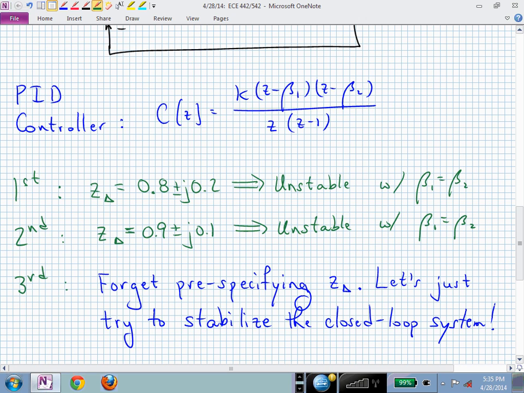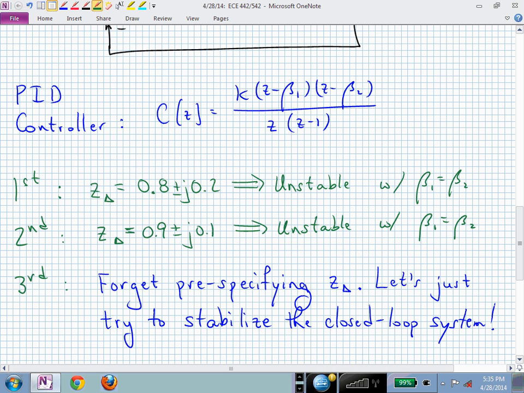So our second attempt said, well, let's change that desired dominant pole location to 0.9 plus and minus j 0.1. That ended up being more difficult to do, and again, it was unstable, keeping the betas equal, keeping the zeros right on top of each other.